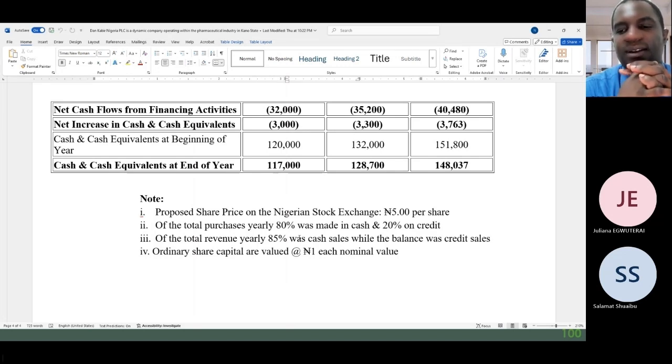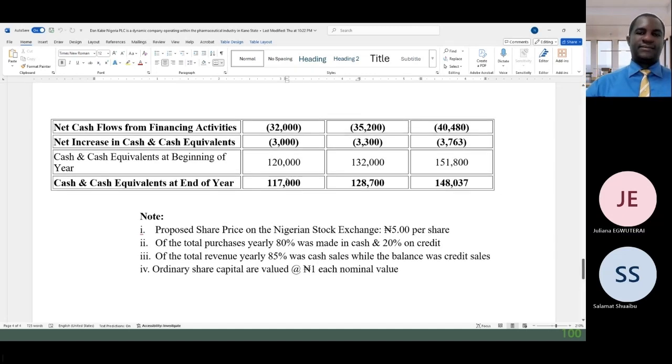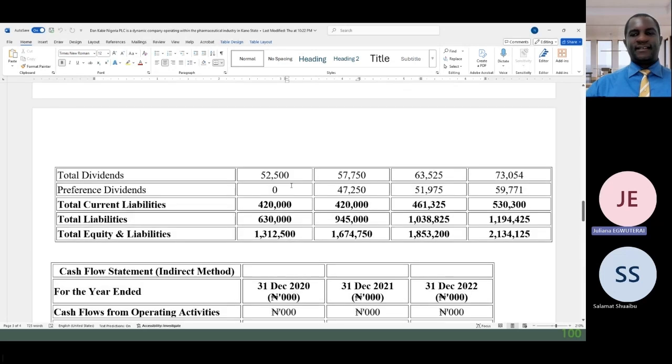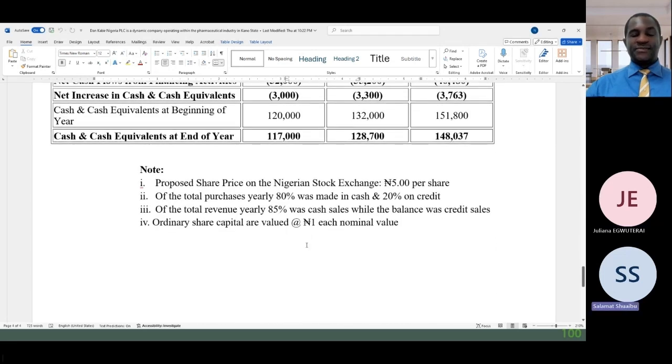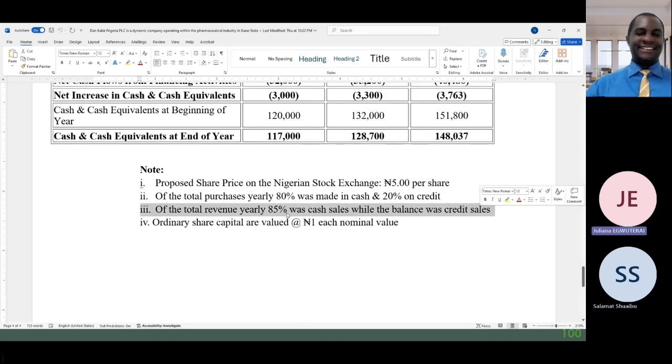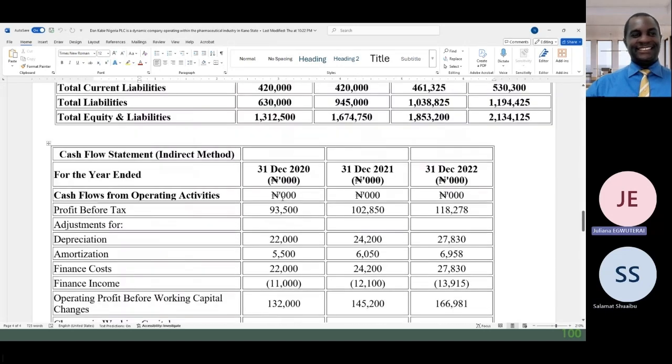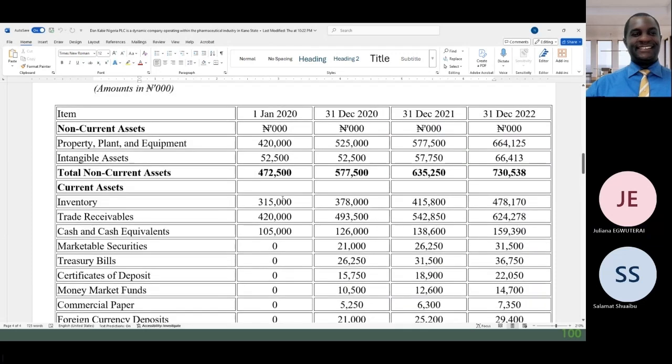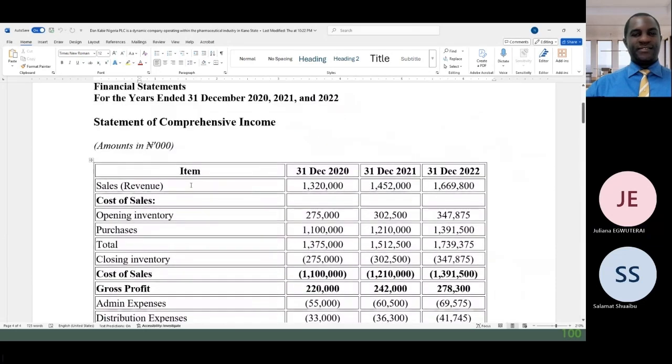So we now have our credit sales based on 15%, not 25%. 85 minus 100 is 15. Yeah, exactly. The good thing is you corrected. Okay, so let me go and pick all the revenue figures and take 15%.